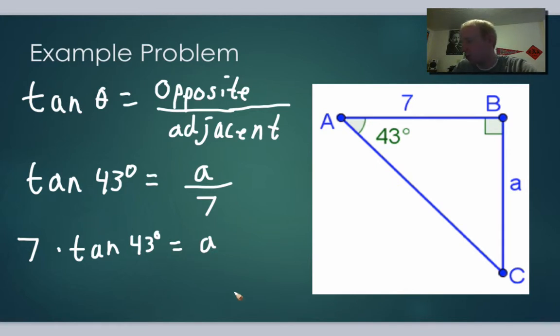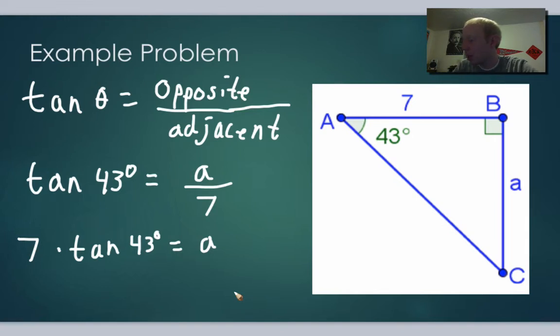So we just pull out our calculators, again making sure it's in degrees, not radians, and we put in 7 times tangent of 43.